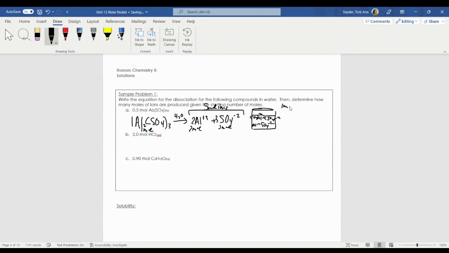So the question is, if I had 0.5 moles of aluminum sulfate, how many ions would I produce? Well, if this is half, a half a mole, I would only produce half of 5. So my answer is 2.5 moles of ions I could produce from that. And that's just a basic mole ratio.